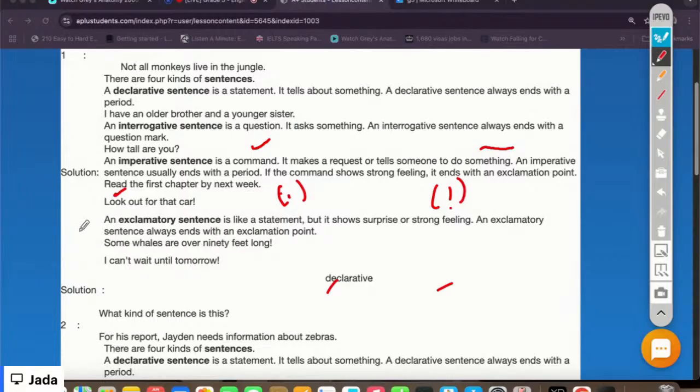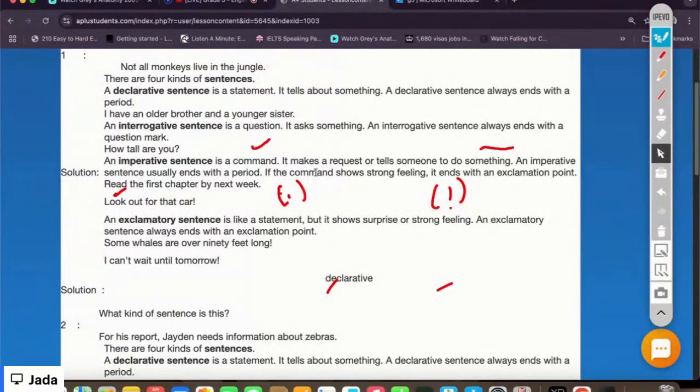If you're telling someone to look out for the car, you're raising your voice because you want the person to be careful. Or maybe when I say, shut the door, and I raise my voice and show some feelings, then it ends with an exclamation point. Okay, so that's it for the imperative sentence.